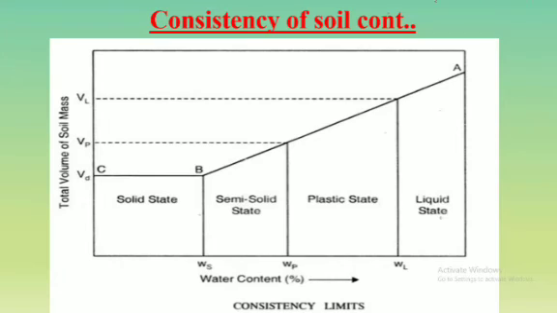Now consider this graph for the consistency limits. On the horizontal axis there is the water content percentage, and on the vertical axis there is the total volume of the soil mass. Suppose the soil is in the liquid state, with enough water in the soil.